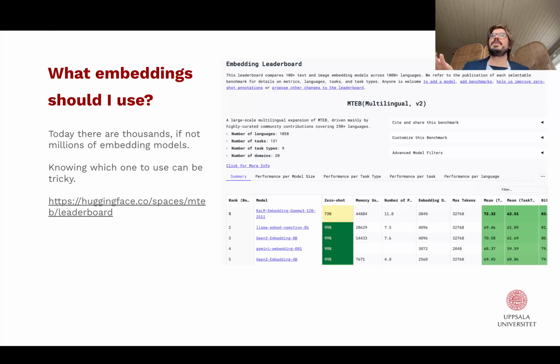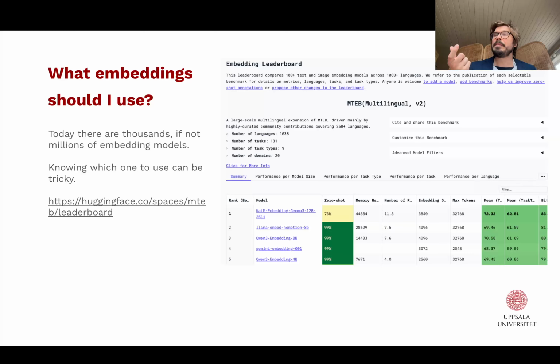And in general, I would say right now the embeddings are quite good. So if you have a high resource language like English, most embeddings work. With a low resource language, that could be Swedish and could be even rarer languages, you might have to check more to make sure that the embedding works for your language, right? And here you can think about this: the embedding works well if the text you are using is something that the model was trained on. So let's say you're using Swedish medical text.